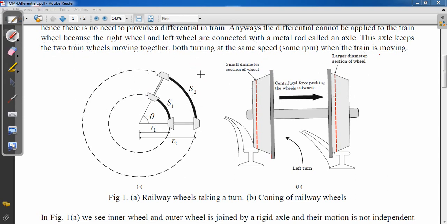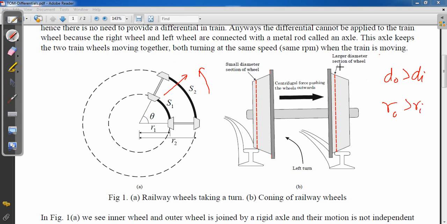So what will happen when taking a left turn? Due to centrifugal force, the wheel will be pushed outwards. When the wheel is pushed outwards, you see the contact area is here, and this diameter is larger than that diameter. So here we get D outer greater than D inner, or R outer greater than R inner.